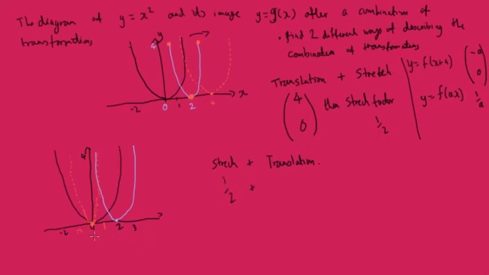Then if we move everything by 2, the minimum is going to go to here. This minus 1 will go to plus 1, which is here, and so we end up having the right translation. So we've got a translation of 2, 0.